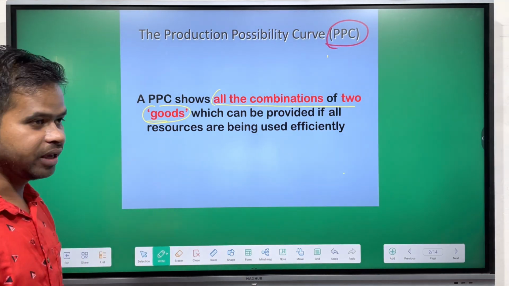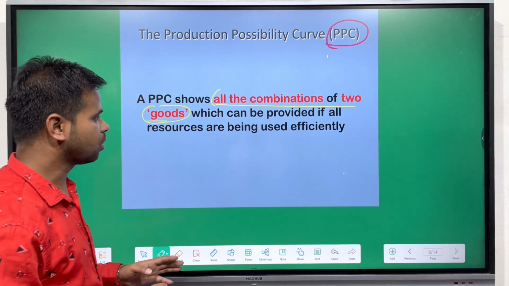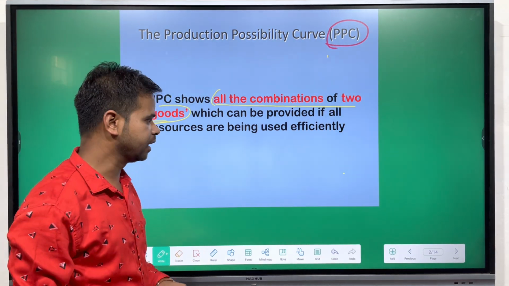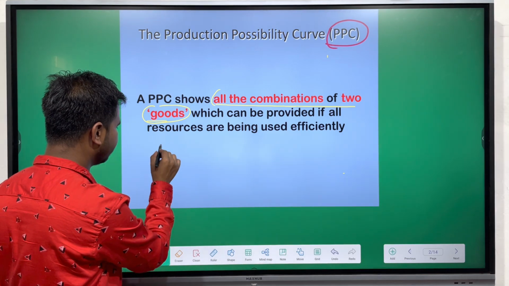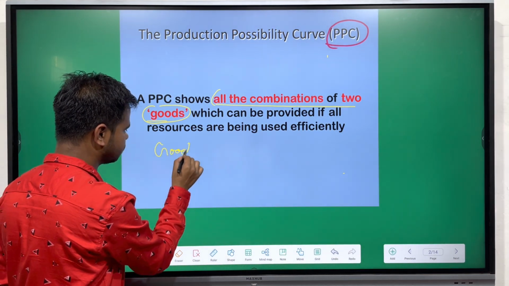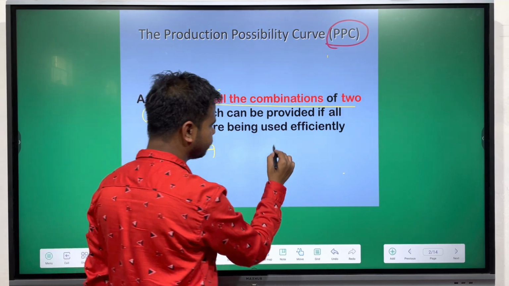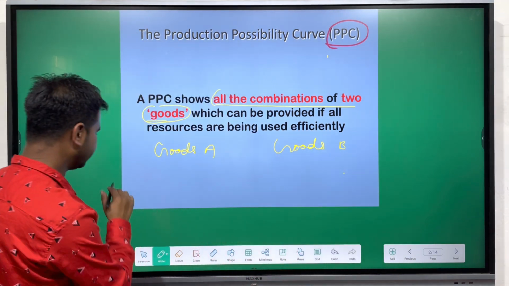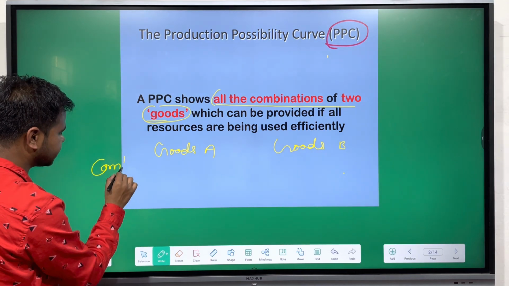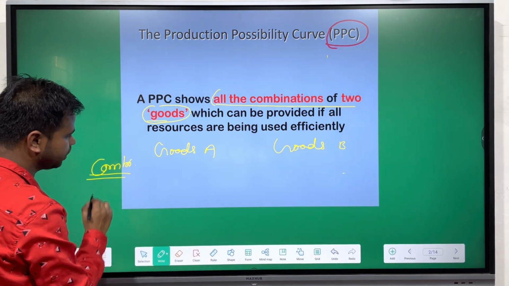It means we have to make combinations of the goods that we are producing. For example, say we are producing good A and second good B, and we have to show the combination in the economy.